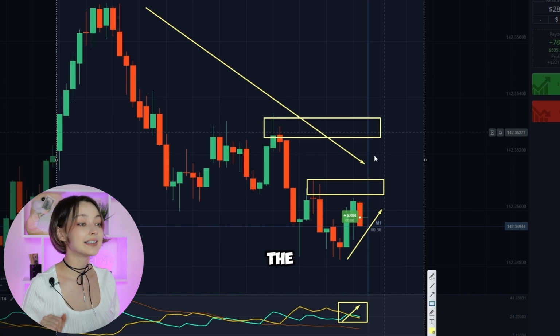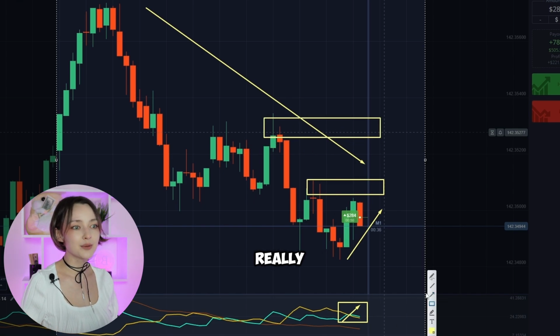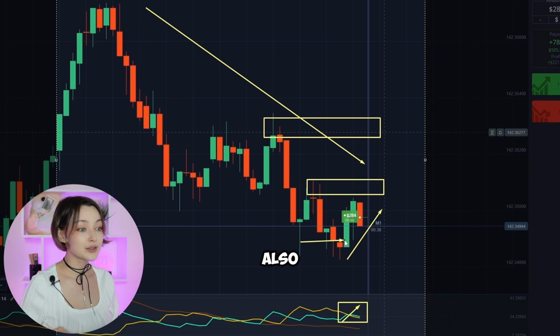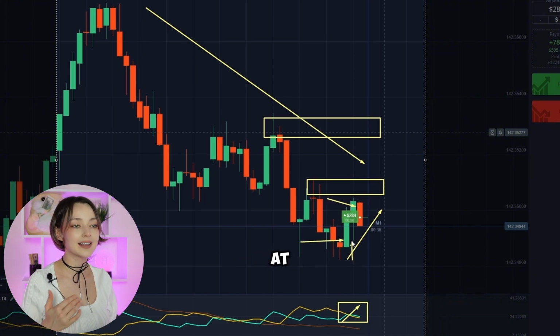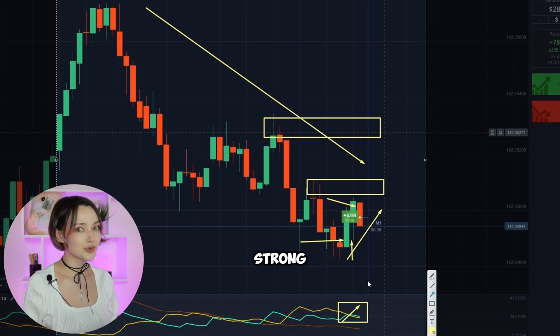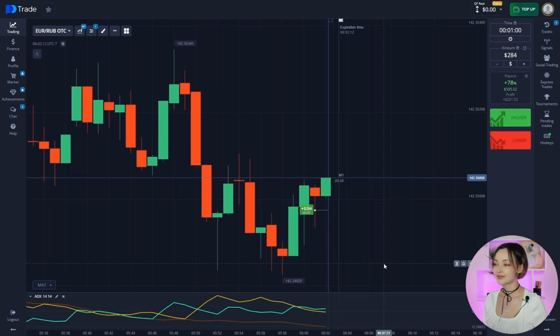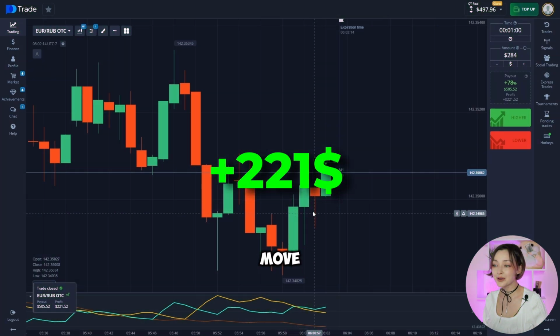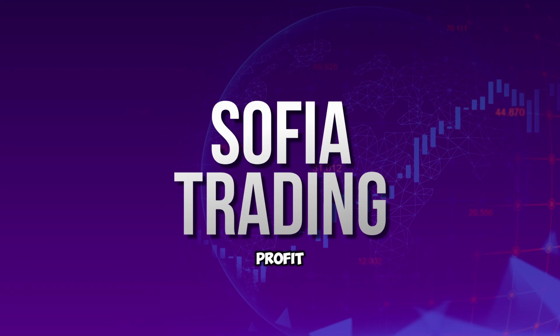And we can also look at the candles. They were really impulsive. And we can also notice this candle right here with a large shadow and a small body at the bottom. That indicates a strong buyer that will push the price higher. So we're capturing a great move and getting yet another profit.